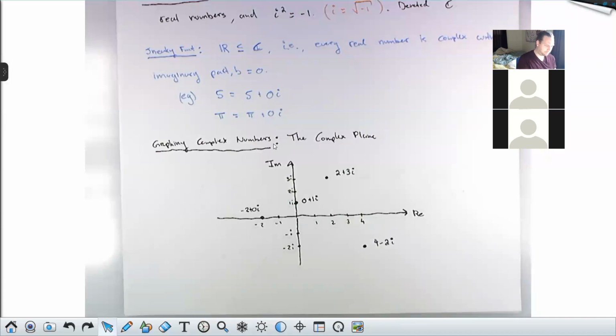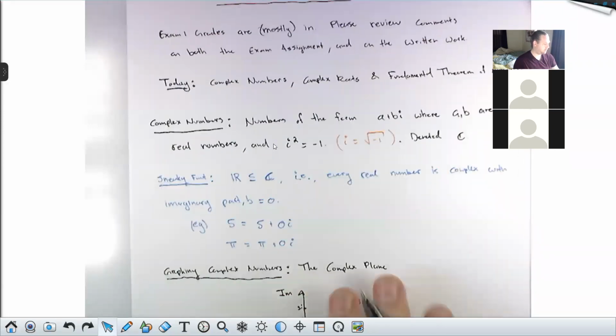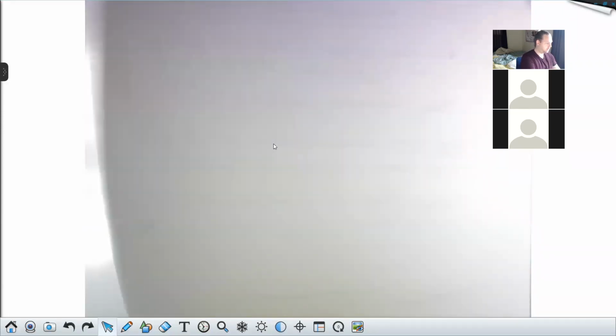Okay. So that's what complex numbers are. What do we do with them? How do they show up? So the arithmetic of complex numbers, we can add, subtract, multiply, and divide.